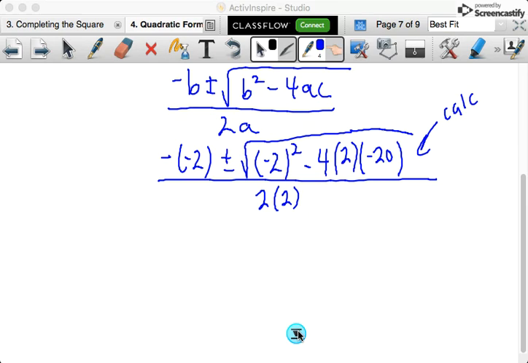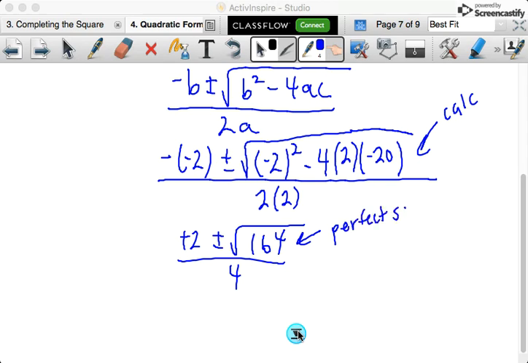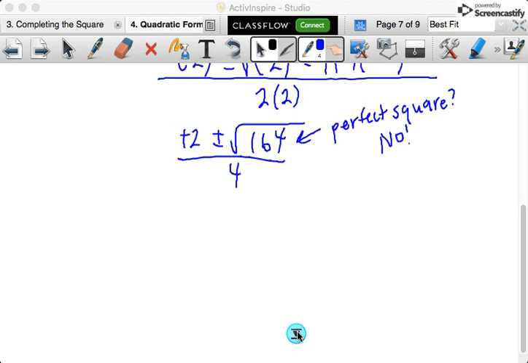So this -2 on the outside here becomes a +2, plus or minus the square root, and this is now 164 divided by 4. I'm going to check and see if 164 has a perfect square. Is this a perfect square? And the answer is no. So I'm going to leave this as my answer.